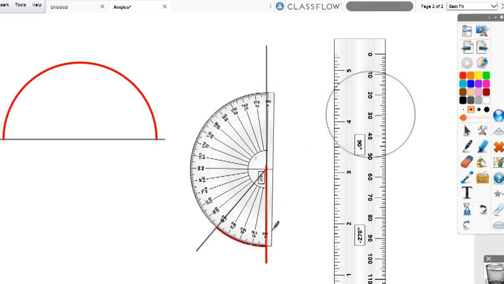So 40 degrees plus 180 degrees gives us 220 degrees. And as I've said, it falls under a category that we call reflex angle. That's an angle between 180 and 360.